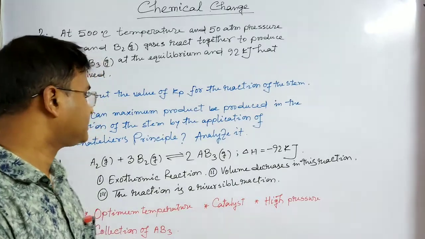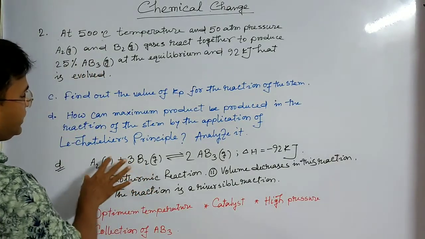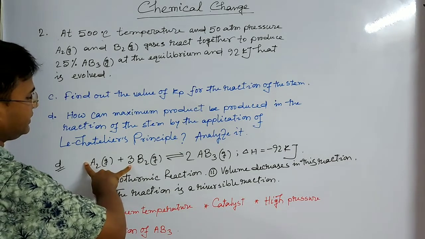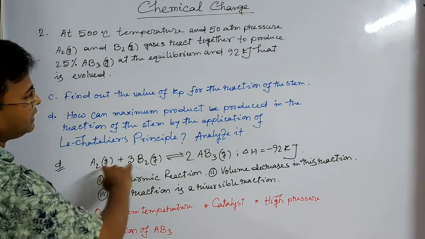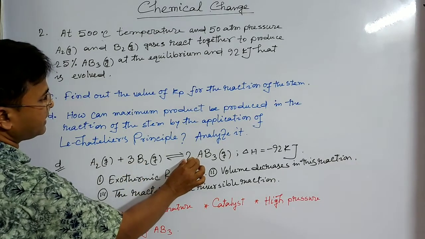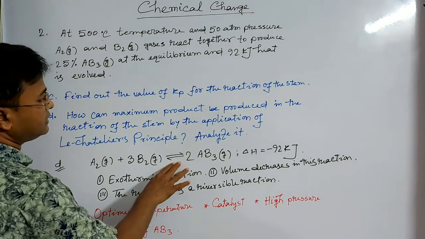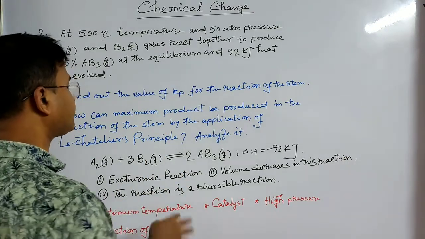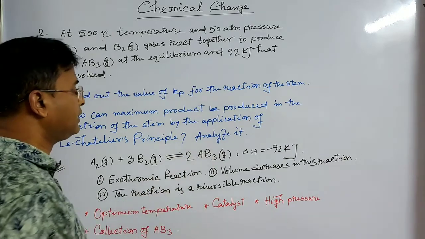And high pressure. If we observe the volume, there are 4 volumes of reactants. Total volume of reactants is 4 and the total volume of product is 2. So if we increase pressure, according to Le Chatelier's principle, equilibrium shifts forward.